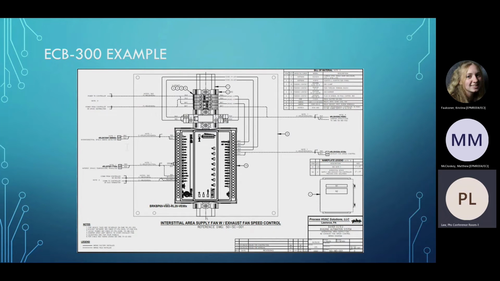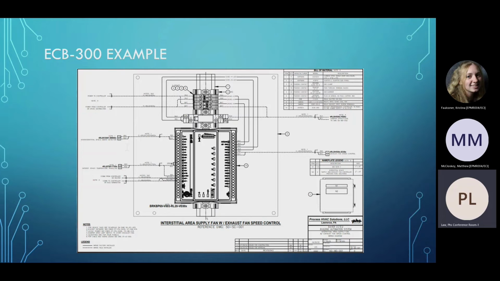This is an ECB 300 example. We have 2 types of the ECB 300 wiring schematics, and the only difference is these 2 wires right here are missing on the other 2. So there are 4 ECB 300s, all associated with RL20.